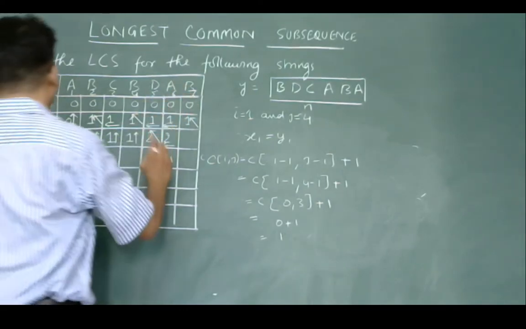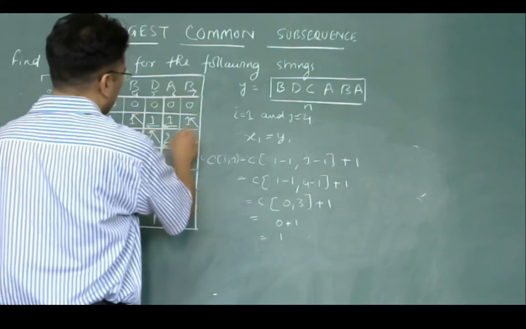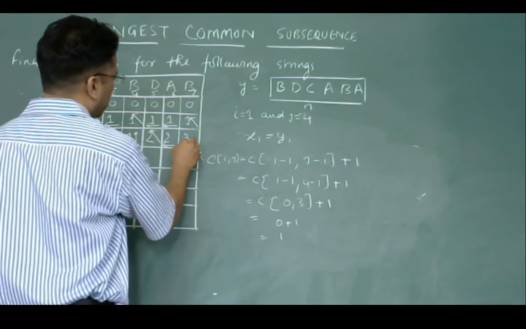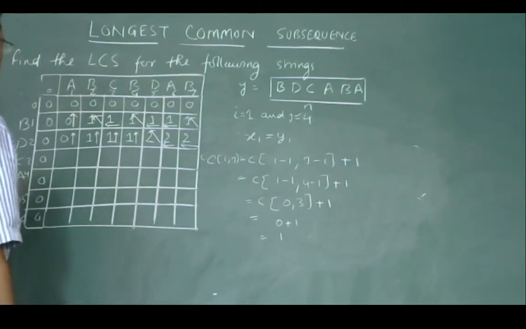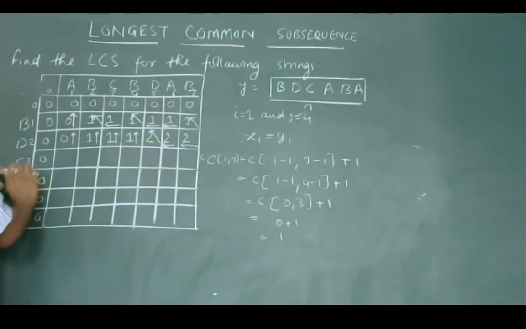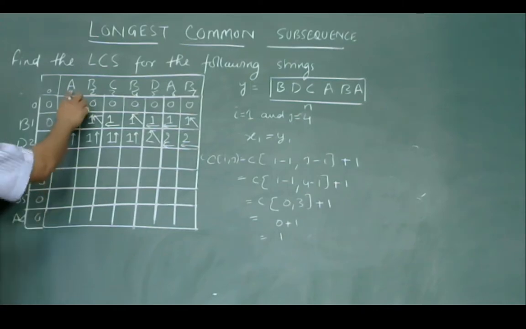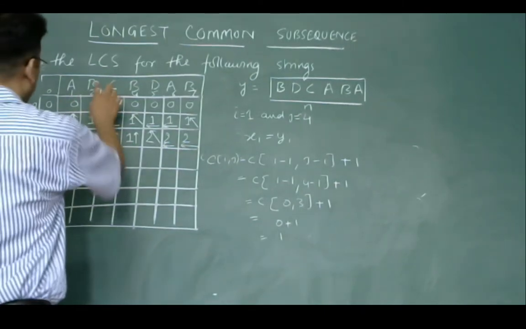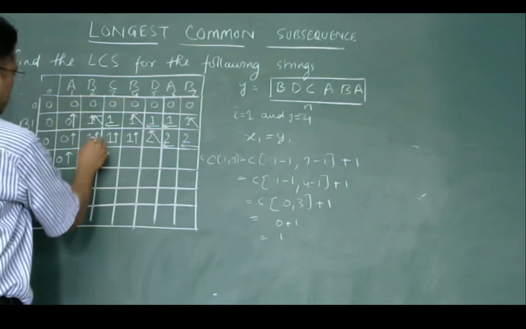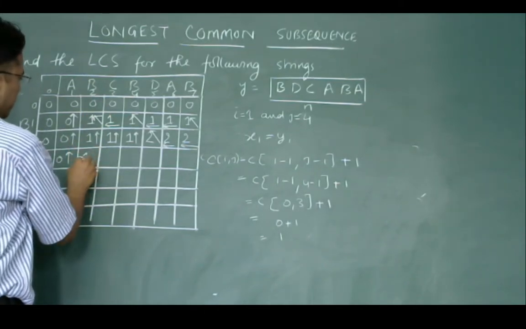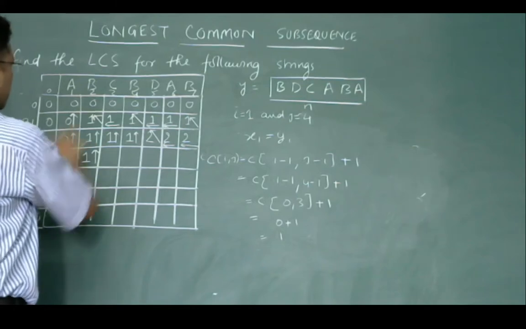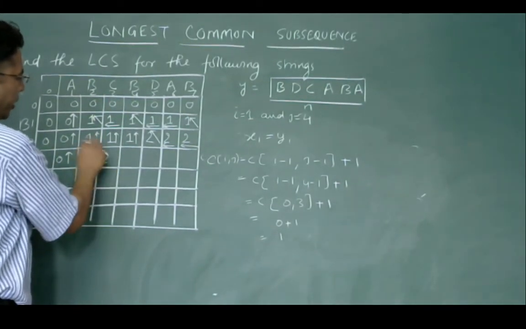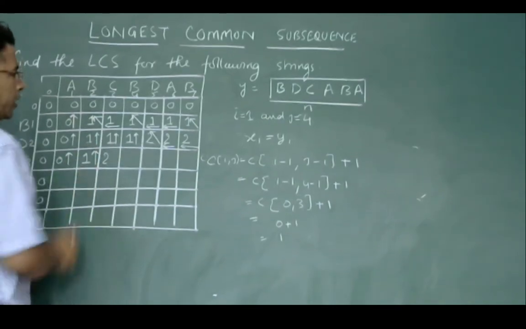Between D and B, no match, and 2 is greater than 1, so place the value 2 and mark the arrow towards the greater value. Similarly, in this row 3, no match, 0, upward direction, and between C and B, no match, so the greater is 1 and the arrow in the upward direction. C there is a match, so 1 plus 1, 2, add that one to the diagonal value.